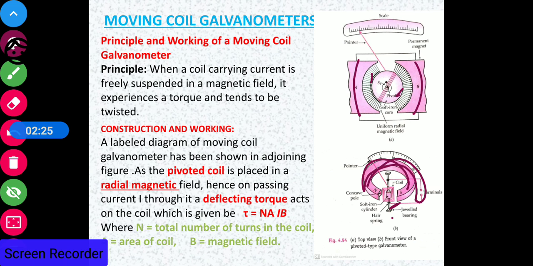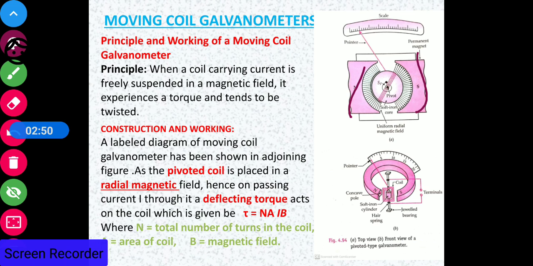On this soft iron core, a coil is rotated. The concave poles of the magnets provide a radial magnetic field. So the radial magnetic field is provided by the concave shape of the magnets as well as the cylindrical shape of the soft iron core.